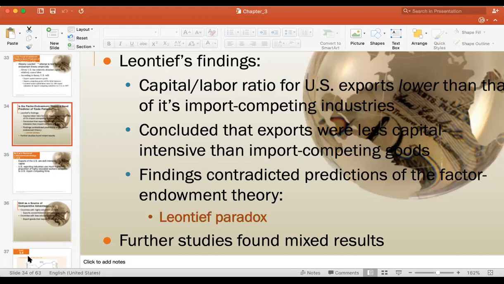For example, you may have certain products that need very rudimentary capital to produce, such as producing shoes, or producing shirts, or producing toys.